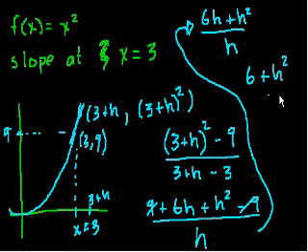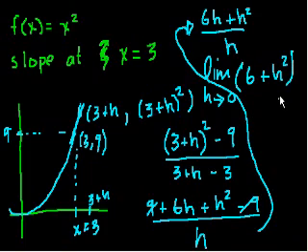So if we want to find the instantaneous slope at the point x equals 3, where f of x is equal to 9, or the point (3, 9), we just have to find the limit as h approaches 0. Well, this is an easy limit problem. What's the limit of 6 plus h as h approaches 0?